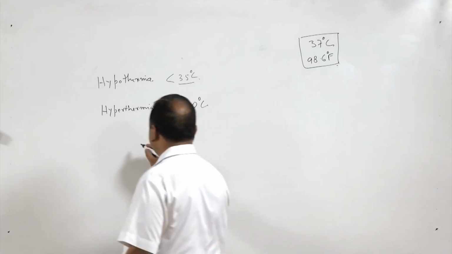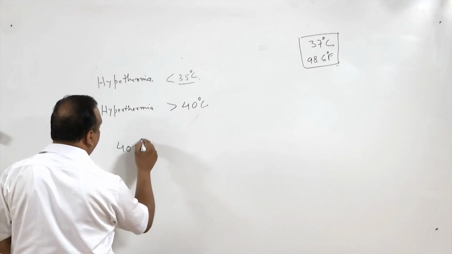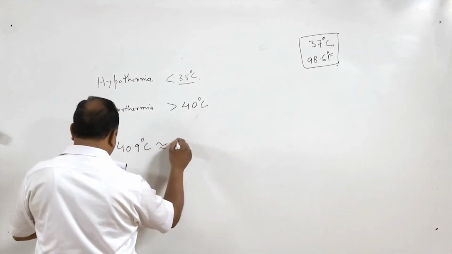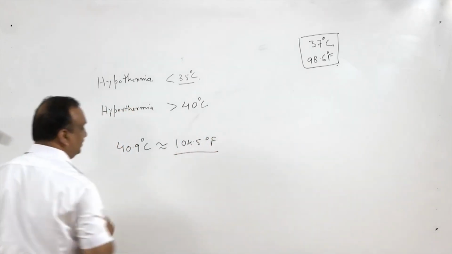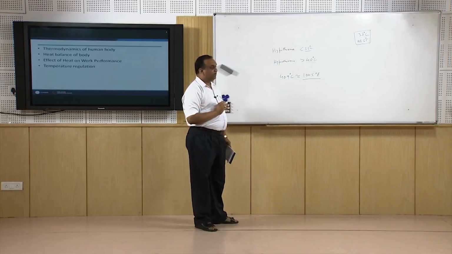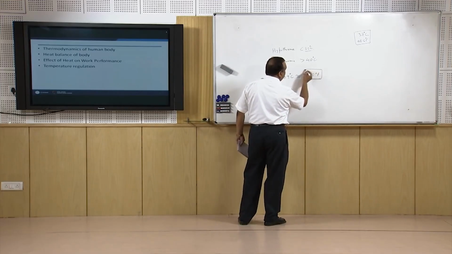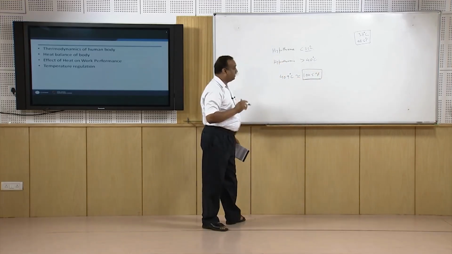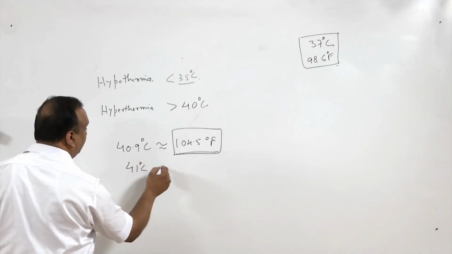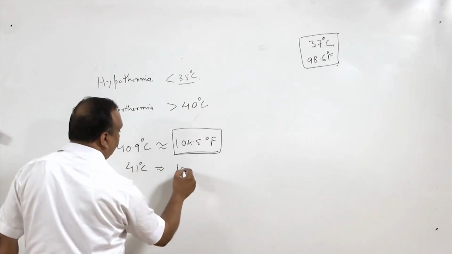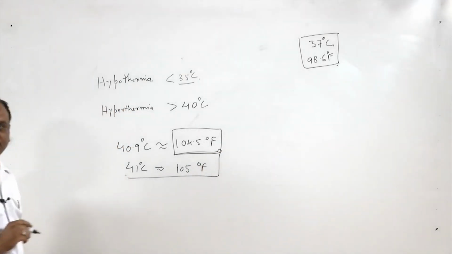When temperature is, let us say, 40.9 degrees centigrade, it is equivalent to 104.5 degree Fahrenheit. Right? So, when the patient reaches this body temperature, it is assumed that he has entered into the danger zone, because the moment the temperature becomes 41 degrees centigrade, the patient is likely to be unconscious.